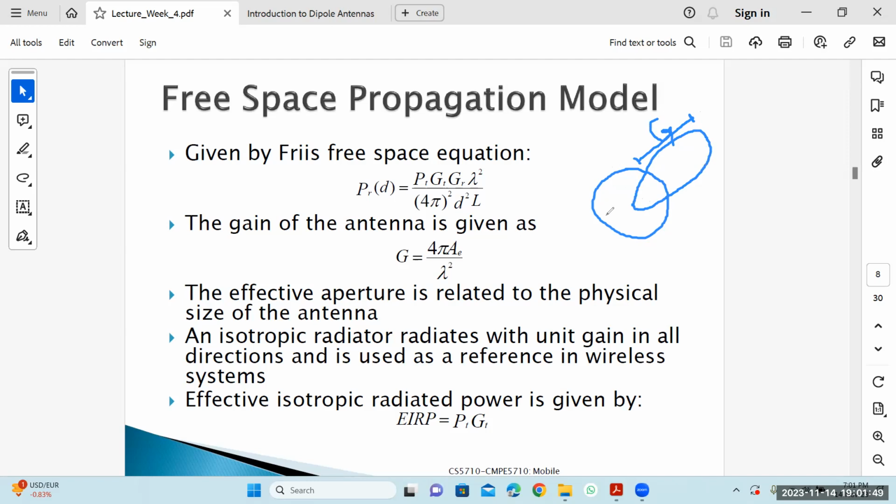This is the beam pattern of an isotropic antenna, and this is the beam pattern of a directional antenna. And that extra beam, or the extra strength that you see, basically defines the gain of the antenna. And the greater the gain, obviously the better the directionality of the antenna is, right?